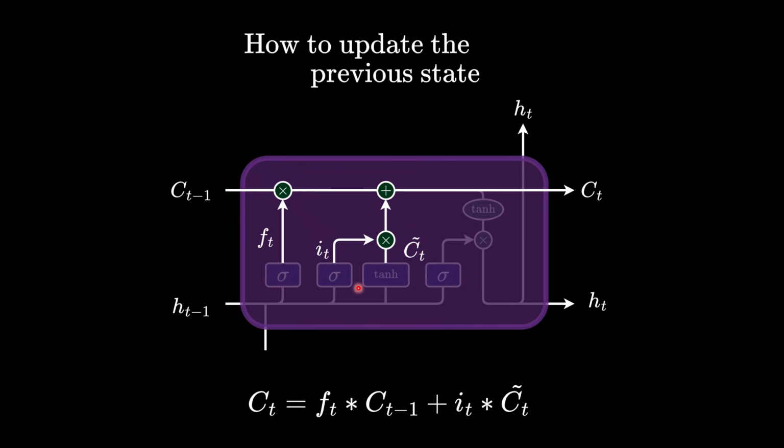Mathematically, the previous cell state is multiplied by the forget gate, and we add candidate values multiplied by the input gate. So we subtract a little bit here and we add a little bit here. The highway keeps flowing. This is the key reason LSTM avoids the vanishing gradient problem.